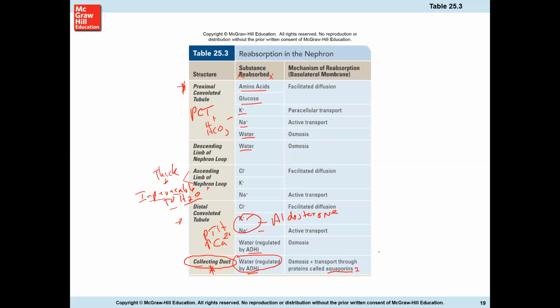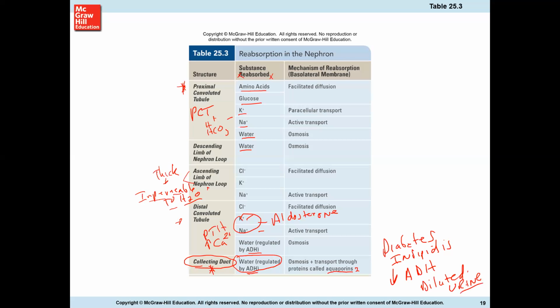And there's a condition called diabetes, which has nothing to do with sugar, diabetes insipidus, which is no ADH. And you have a very dilute urine, like bedwetting, always urinating. So concentrated urine is what we want.